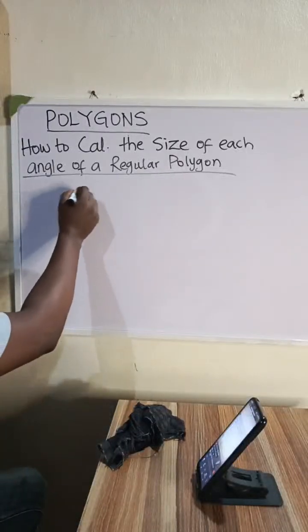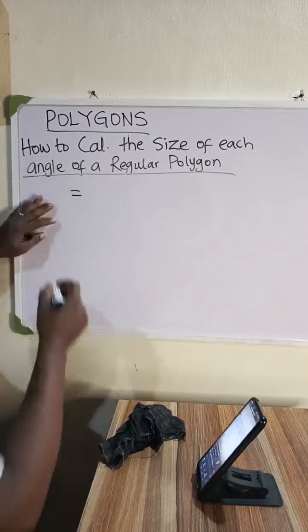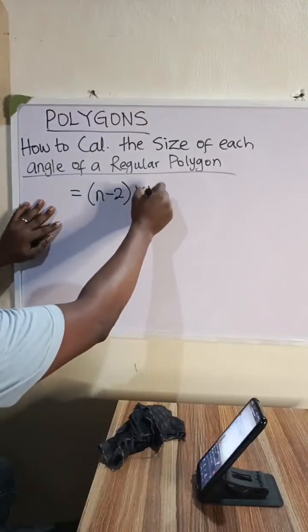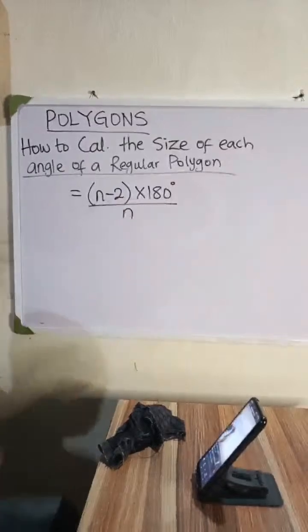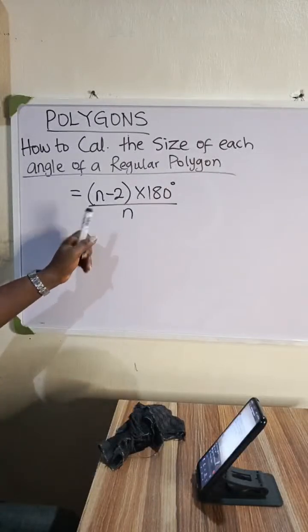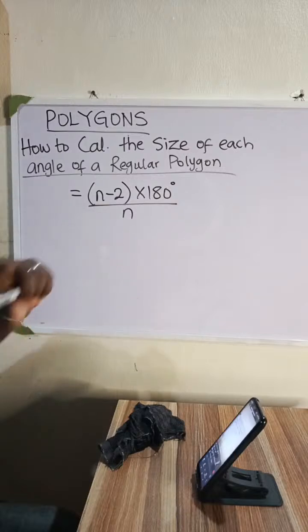So let's see the formula we're going to use. To calculate the size of each angle of a regular polygon, we use (n minus 2) times 180 degrees, all over n.